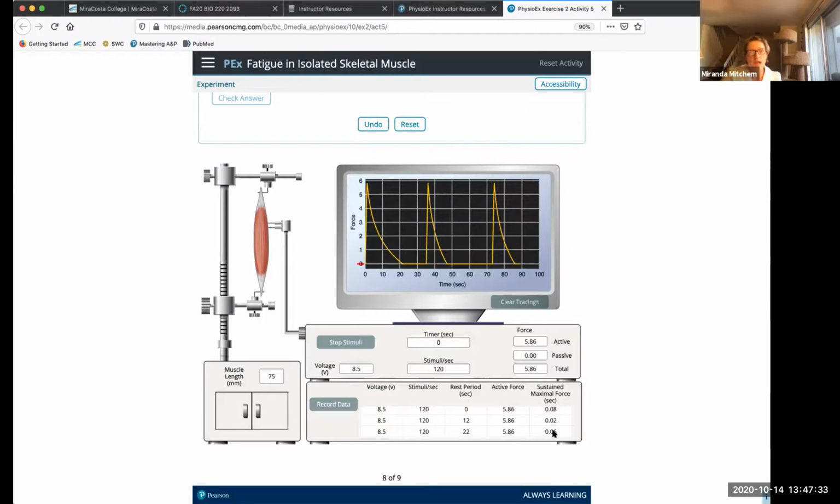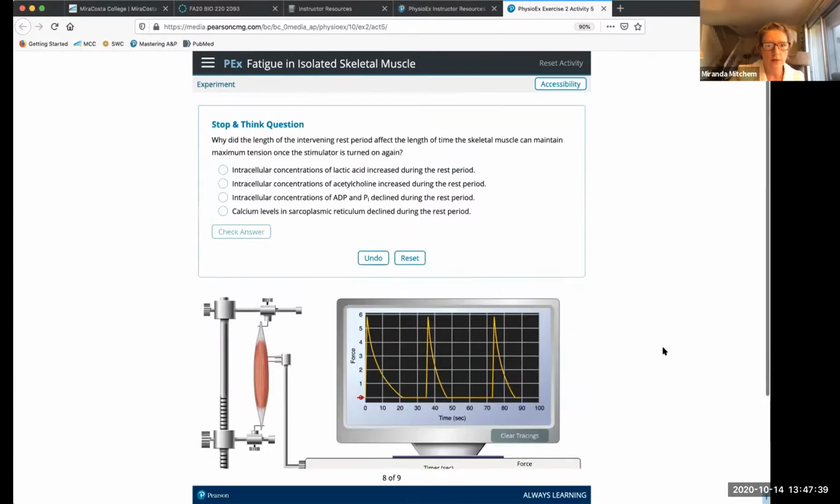So the muscle's adapting. It could be firing a different motor unit to prevent fatigue. There could be a quick recovery of the calcium so that it can be recovered and go into the next cycle. Let's see, would intracellular concentrations of lactic acid increase in the rest? Okay. Would intracellular concentrations of acetylcholine increase?